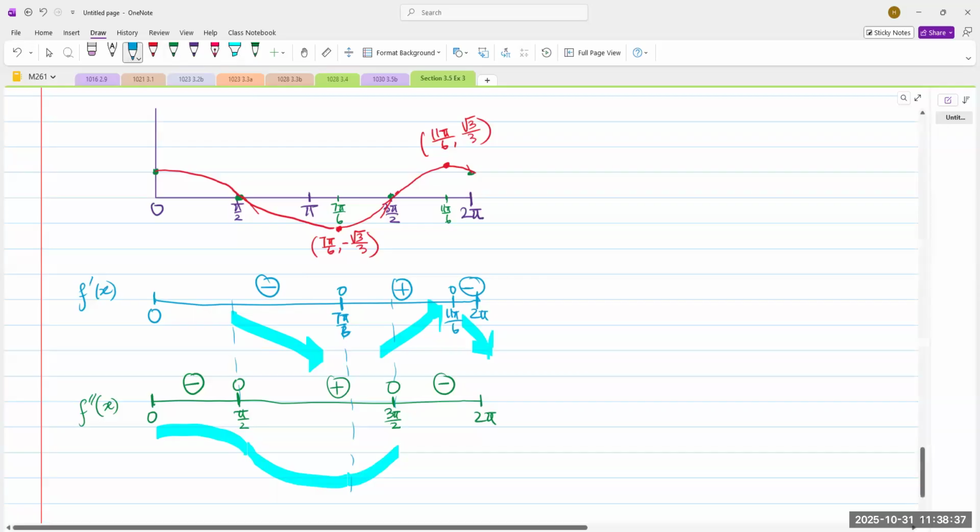Until 11π/6, the slope is positive, but it's concave down. Positive but concave down. And then from 11π/6, the slope is negative and concave down. So you see how we catch this.